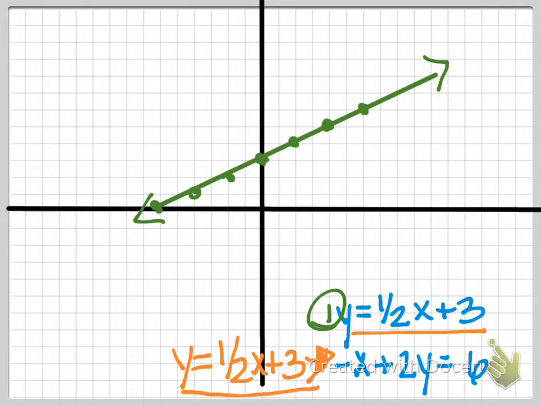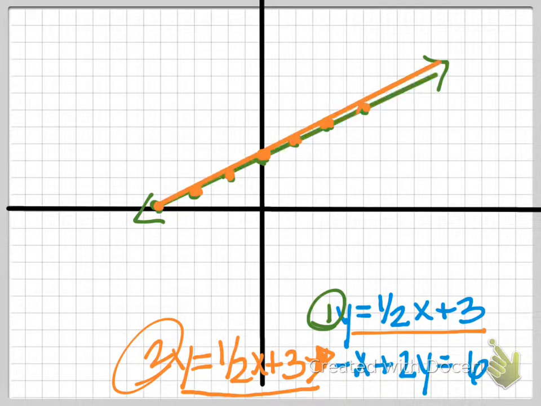So if we were to graph this second equation, number 2, our line would be exactly the same, wouldn't it? So if you draw this line, it being exactly the same, let me get it straight. So you draw this line, it's exactly the same.